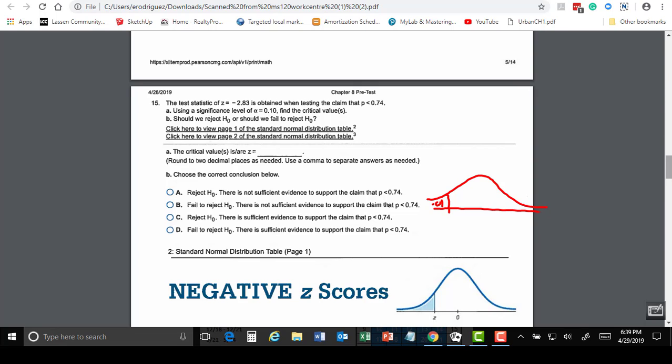Well, now I have to find this z critical value. Notice the z critical value is not the z test statistic. Okay, so if I go into the guts of my bell curve, and it's filling up from left to right, I'm going to go to a 0.01. So 0.01.